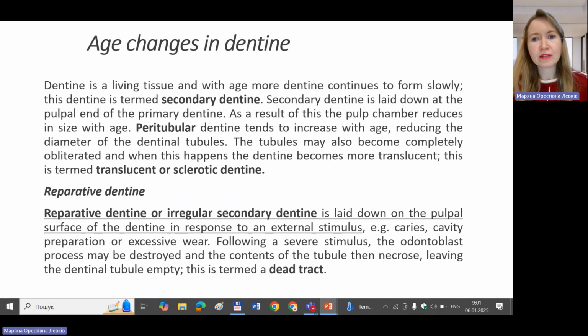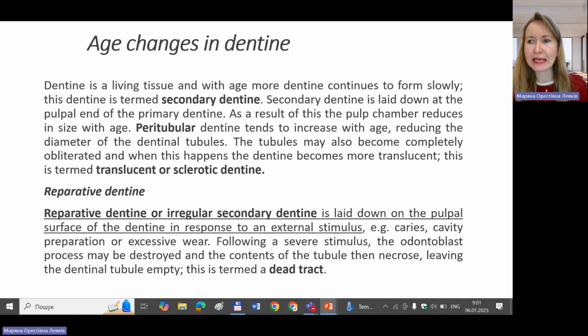Age changes in dentine. Dentine is a living tissue, and with age, more dentine continues to form slowly. This dentine is termed secondary dentine.